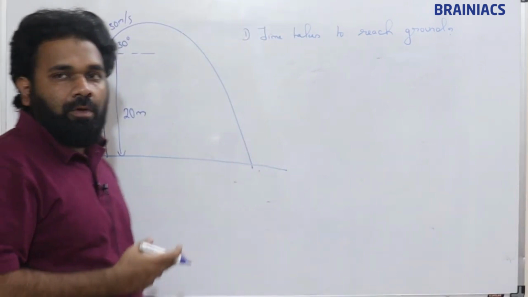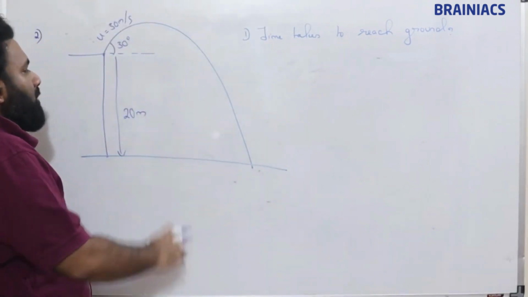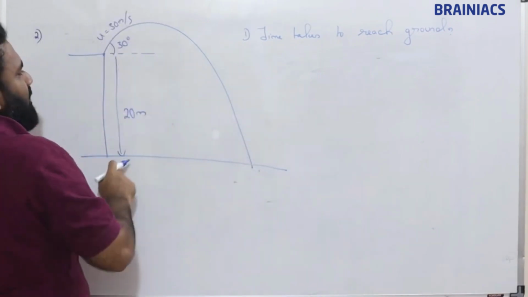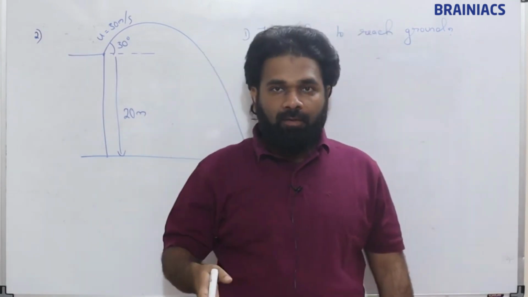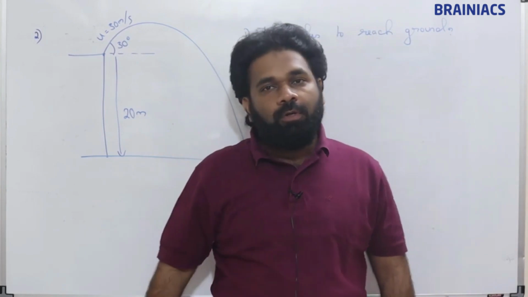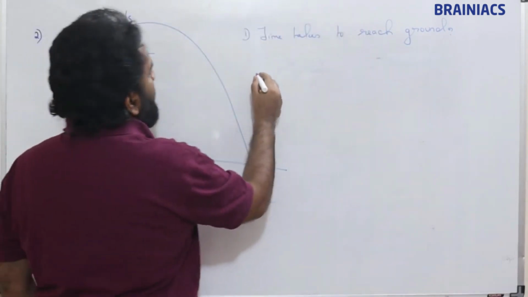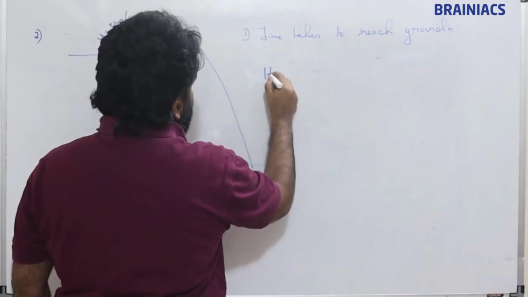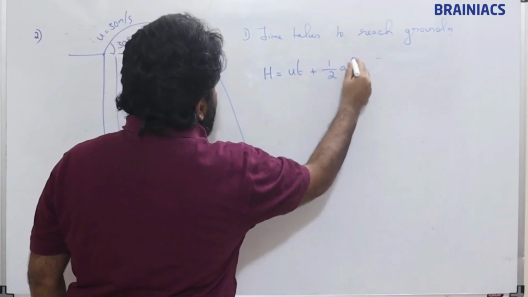Can you solve this? Solve yourself and then verify the answer here. The time taken for vertical coverage, same time it will take for horizontal coverage also. So vertical coverage is 20. Let us consider the formula H is equal to UT plus half AT square.